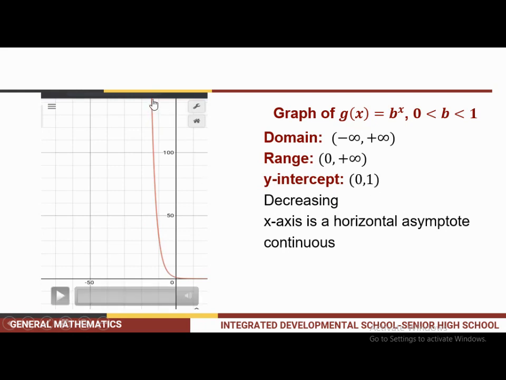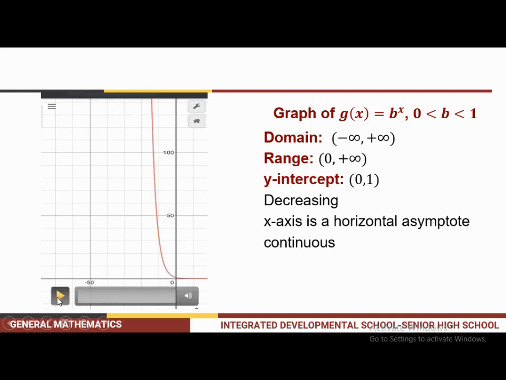And kung i-observe natin yung graph, nagiging decreasing ang graph. Diba? As x increases, what happens to y? Nagdi-decrease ang y. And also, we notice that our horizontal asymptote is just the x-axis or y equals to 0. And it is also continuous.